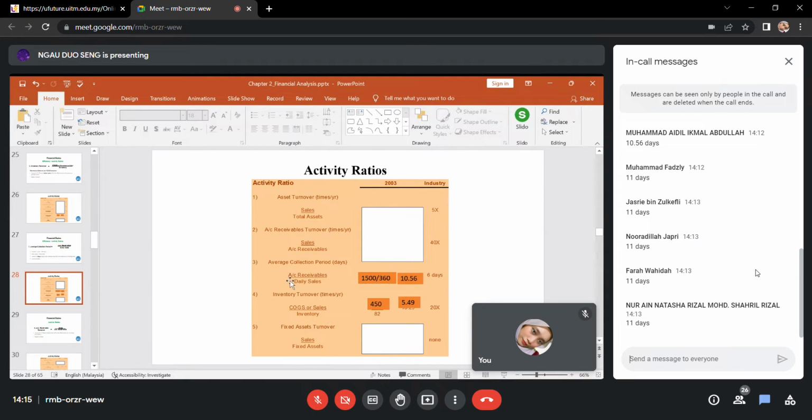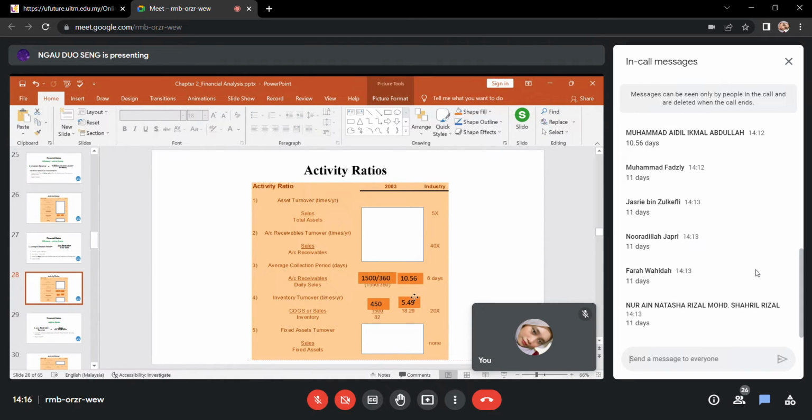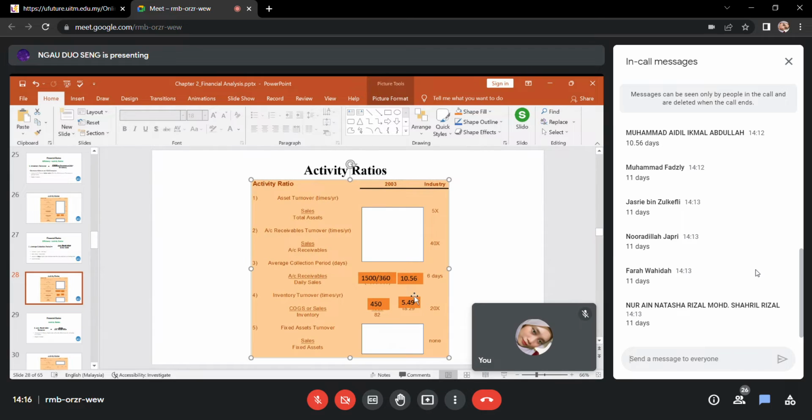For average collection period, the industry is 6 days, while the company takes 10.56 days. So if we do a comparison, it is not good for average collection period. Lower is better. The industry takes 6 days to collect debts, but your company takes around 11 days, or 10.56 days. So it is not good, and you need to have improvement for the collection period.